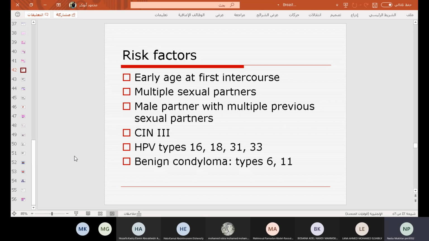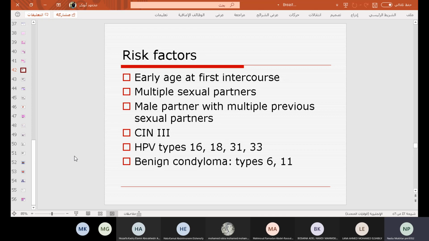She might have multiple sexual partners, that's another cause. Or a male partner with multiple previous sexual partners. This means the transmissibility is high, meaning that viral transformation, or the effect of the virus from one person to the other, is high, causing up to CIN3 or marked cervical dysplasia.